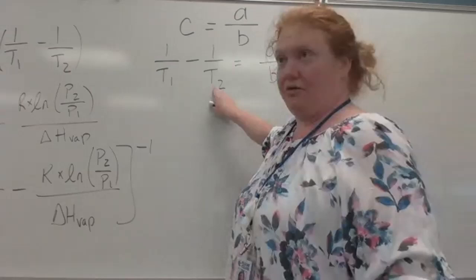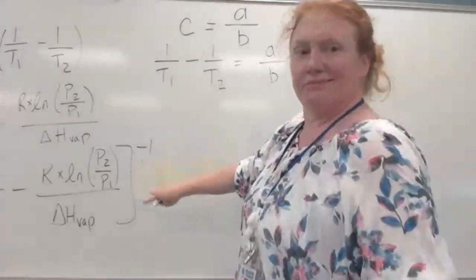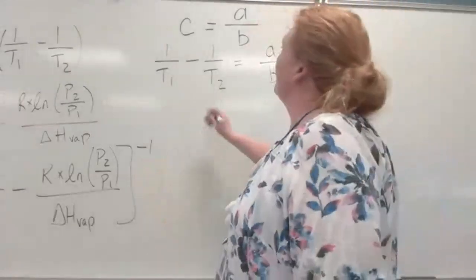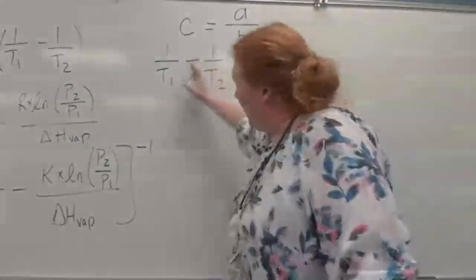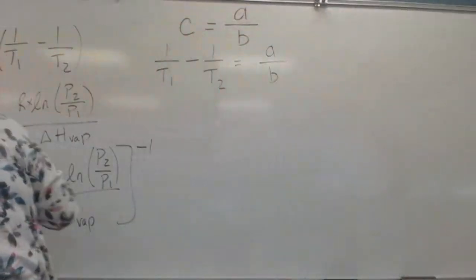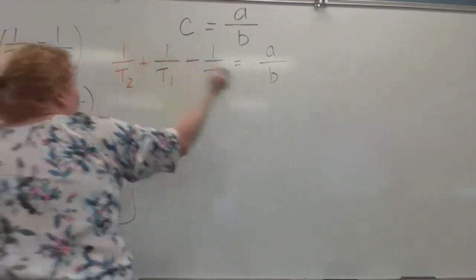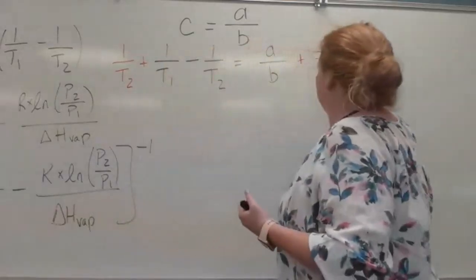Okay, I still want to get T2 by itself. So what do I do now? The way I see it is I would add 1 over T2 to both sides.